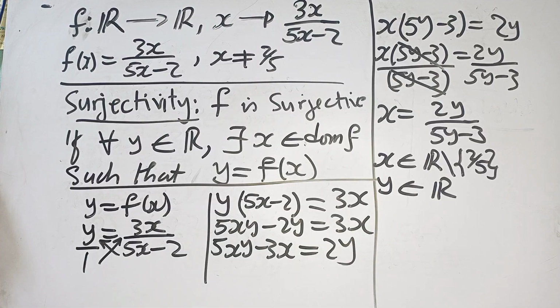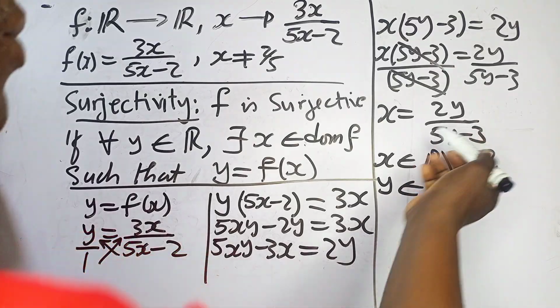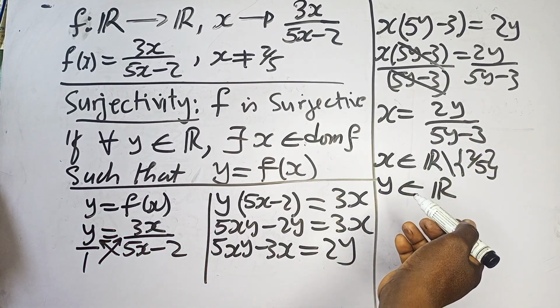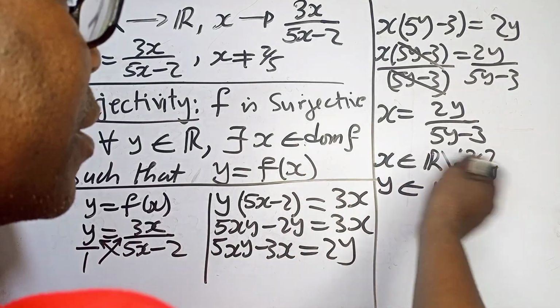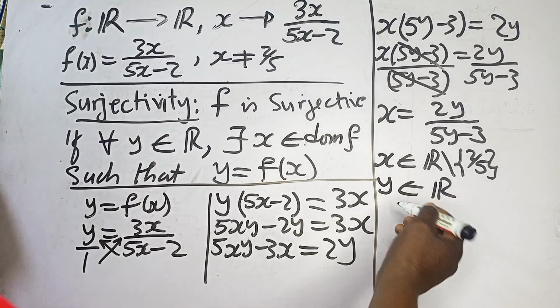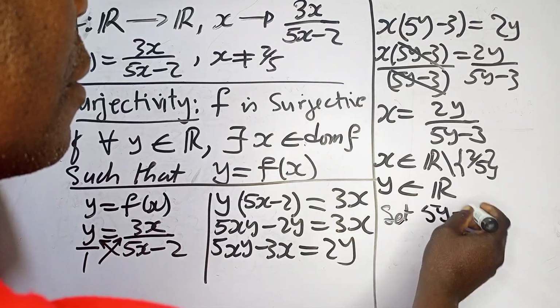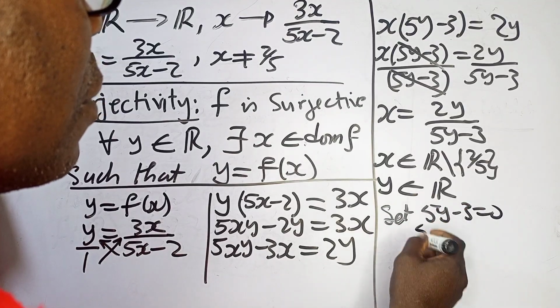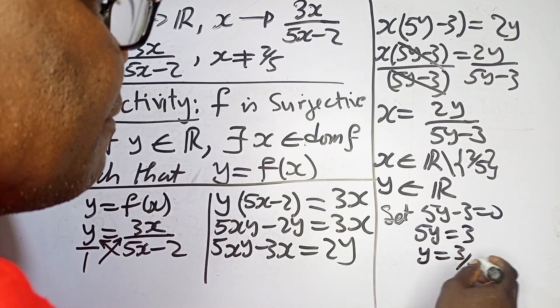That is not true. There will be a value for y that will render this denominator 0. That value is a real number, but it will not be found in this set. If we set that denominator to 0 and solve for y, we obtain y equals 3 all over 5.